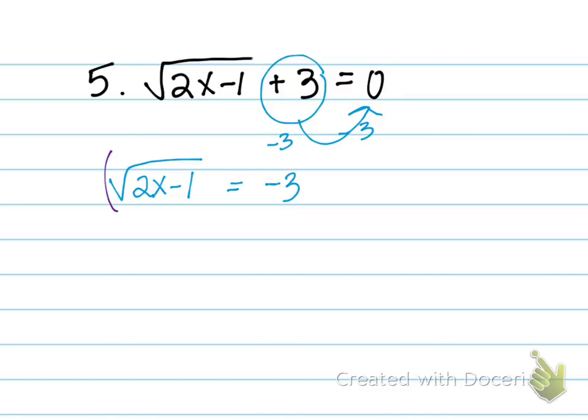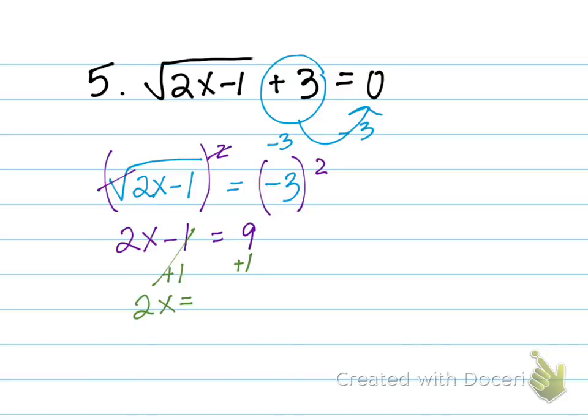Then I want to raise it to the second power, so I want to square it. That will cancel. So I get 2x minus 1 equals a positive 9. Solve for x. So add 1 to each side. 2x equals 10. So x equals 5.